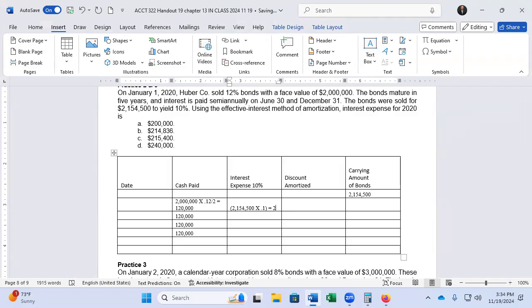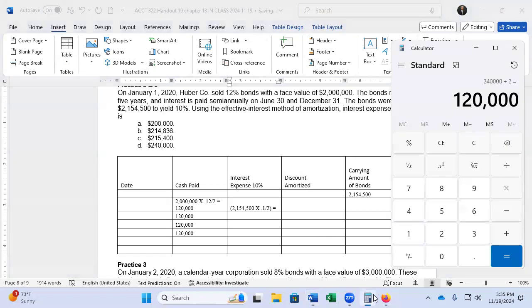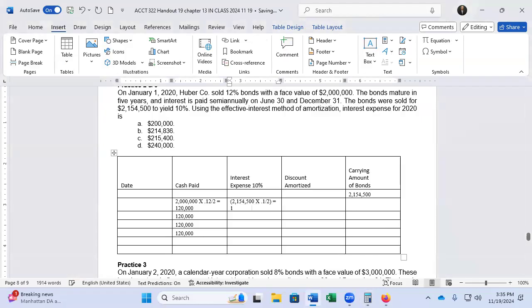So 215,450. Oh yeah, you're right. I should do it up here. 0.1 divided by 2. Thank you. $107,725.